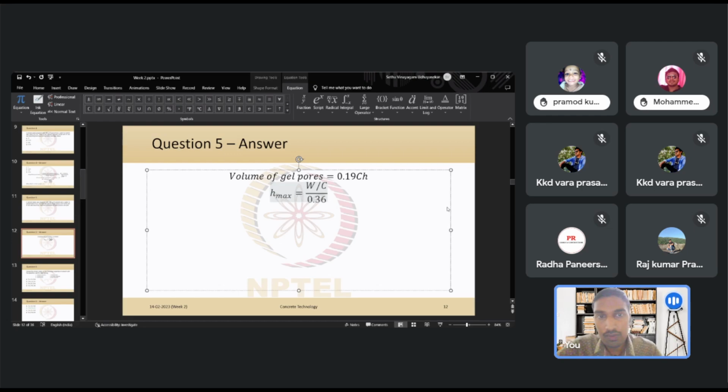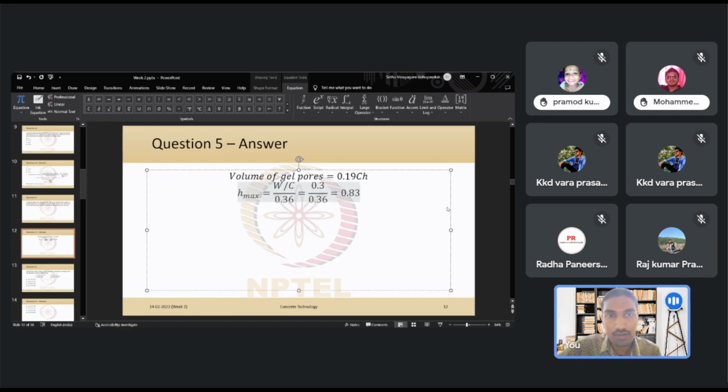So now in our problem, the water to cement ratio is 0.3, right? So 0.3 by 0.36 will give us 0.83, right? So which means that the maximum hydration that can take place is only 83%, right? So if we are taking C grams, only 0.83 C will form the hydration products, right?